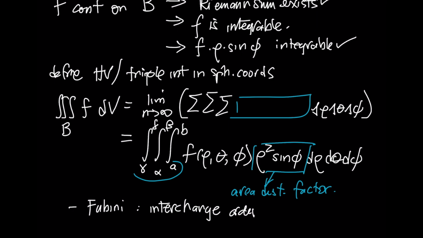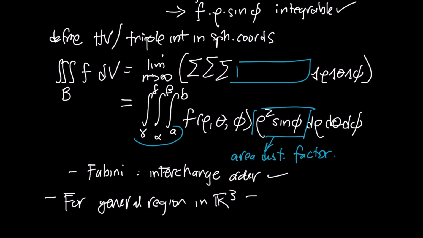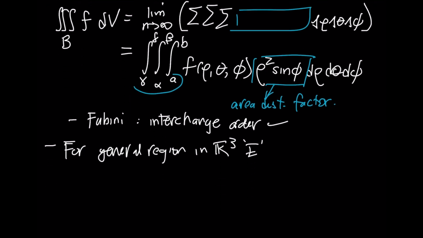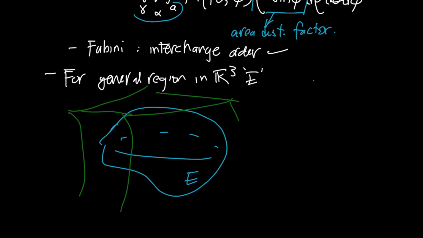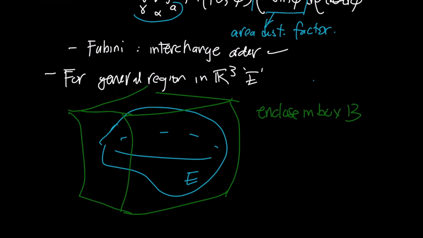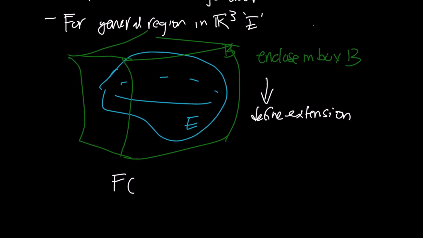If we're going to talk about a general region in R3, we'll call this some region E. We've got our blob here, E. What we need to do is enclose this in some sort of spherical box, and we'll call this box B, and then we define our extension function. This extension function will be equal to the original function if we are in the general domain.